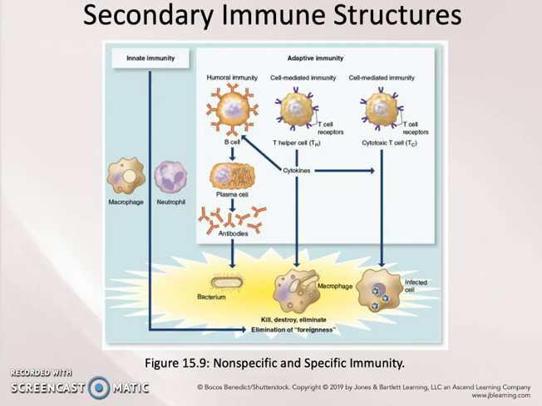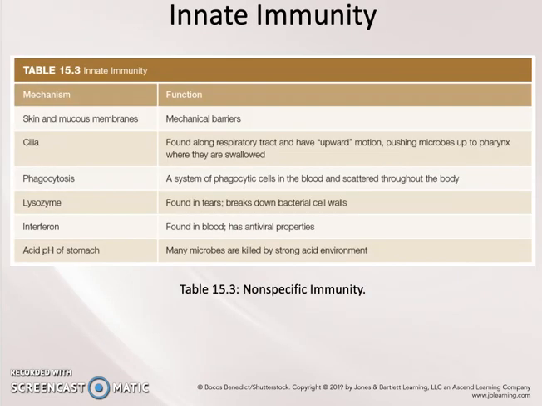Let's talk about immune function, starting with innate immunity. Innate immunity was originally thought to be nonspecific, and it still generally is. However, the different components of the innate immune system target slightly more specific components than just microbes in general.